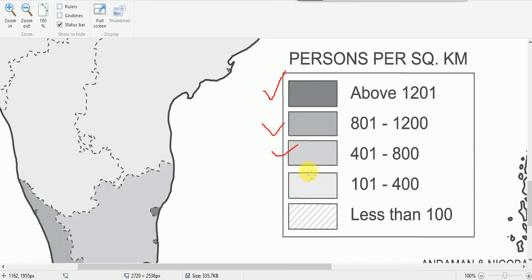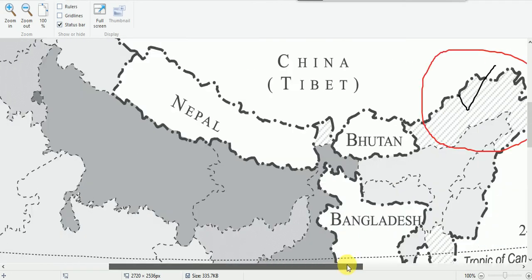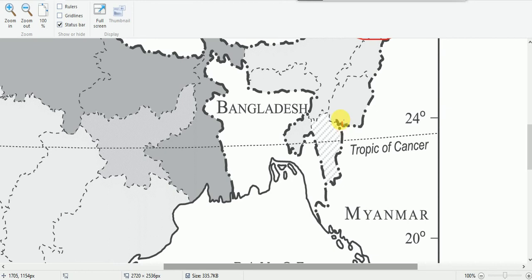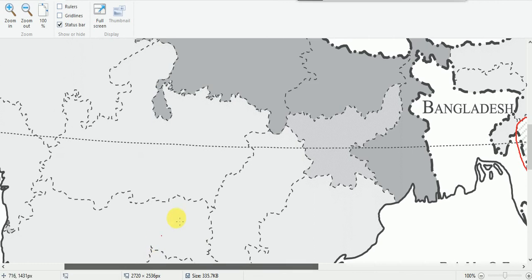Then next we have 401 to 800 persons per square kilometer, then 101 to 400 persons per square kilometer, and this set represents less than 100 persons per square kilometer. When we examine it, Arunachal Pradesh has only 17 persons per square kilometer, and other states like Mizoram also have a low density of population.